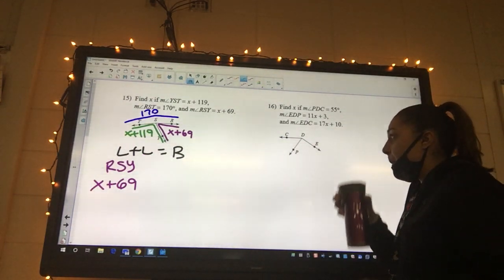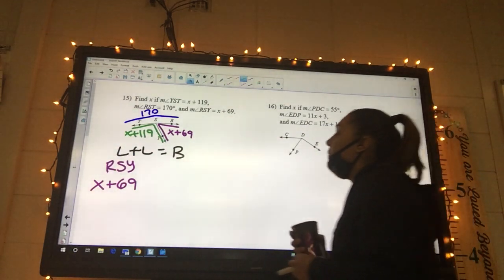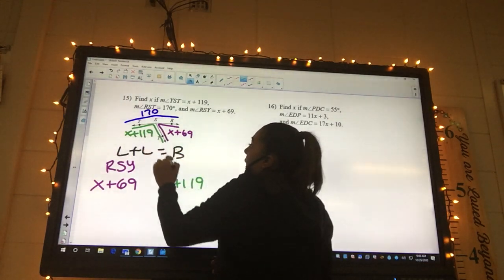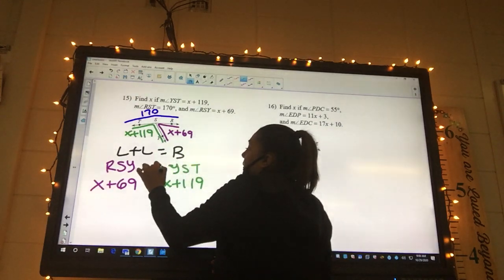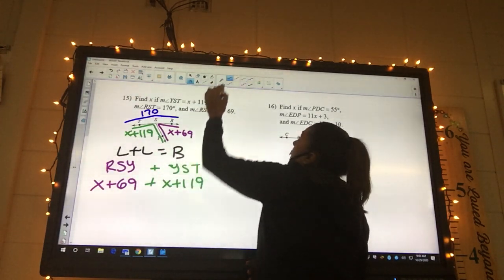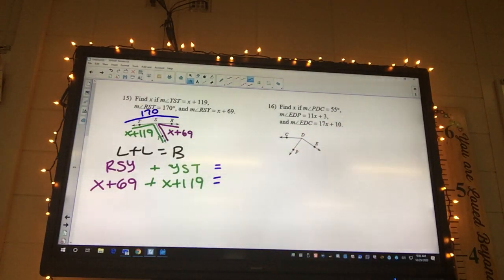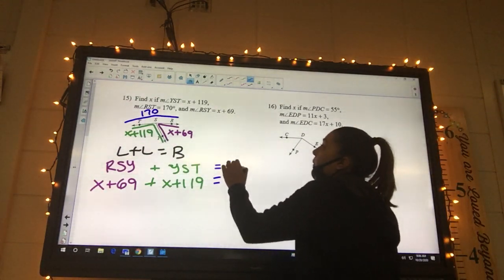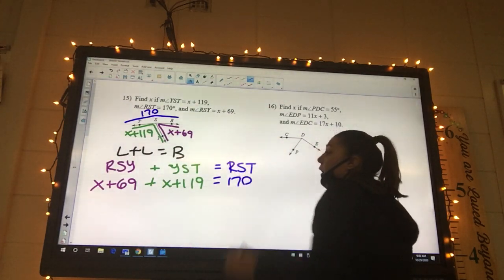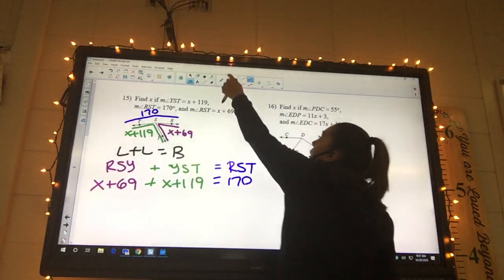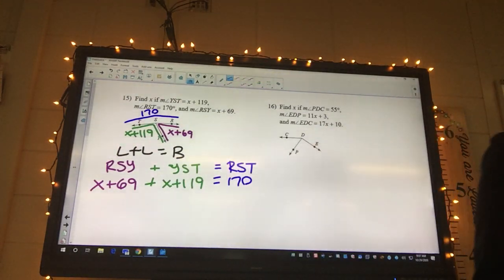It's x plus 119, and that one's really YST. And Bree, what's our big one? Perfect. RST, and what does that equal? 170. So right now I've got x plus 69 plus x plus 119 equals 170. So now what do we need to do? I think we have to combine like terms.